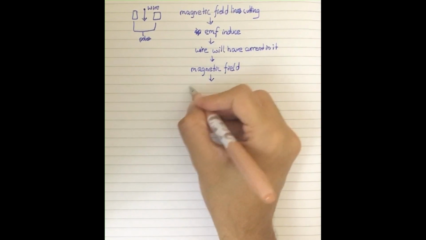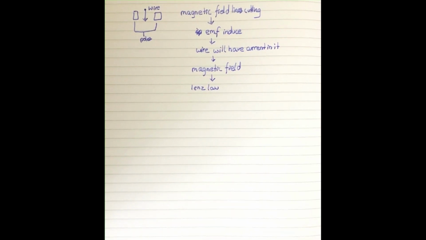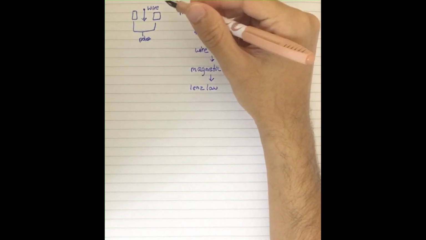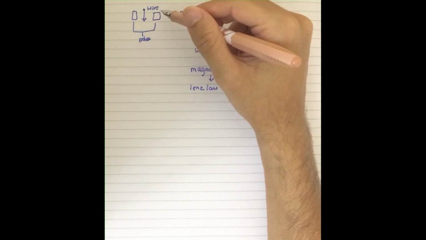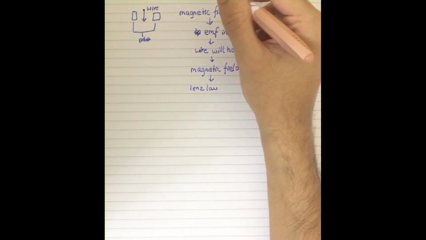What is Lenz's law? Lenz's law is that the induced current opposes the change in magnetic field, meaning when you move the wire down, it will have current, right? Once it has current, it will have magnetic fields forcing it to go upwards in the opposite direction.